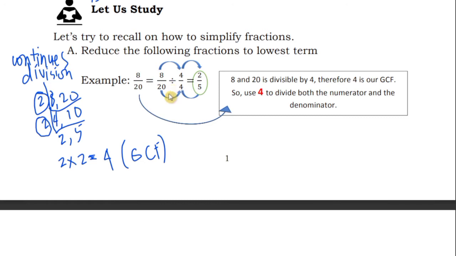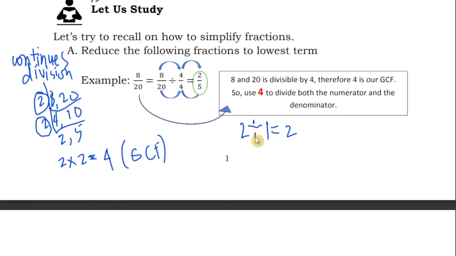As you notice, we are going to multiply both numerator and denominator by 4 over 4. We can allow that 4 over 4 because it is the same as 1. Any number divided by 1 is still the number itself.